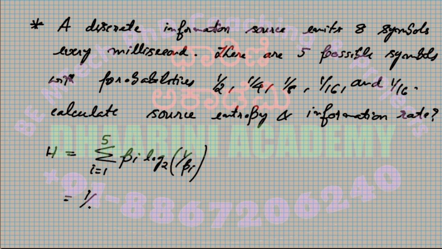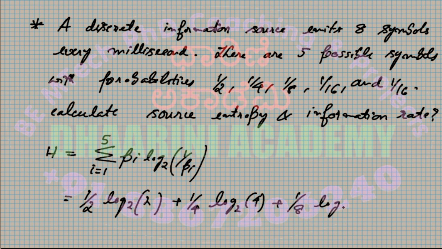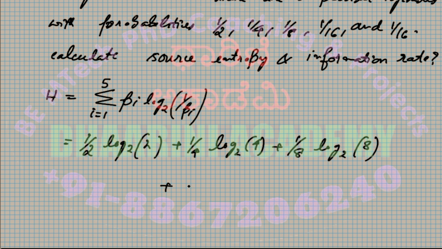First one is half log to the base 2 of 2, plus 1 by 4 log to the base 2 of 4, plus 1 by 8 log to the base 2 of 8, plus 1 by 16 is 2 times, so 2 times 1 by 16 log to the base 2 of 16. Please calculate this H value.